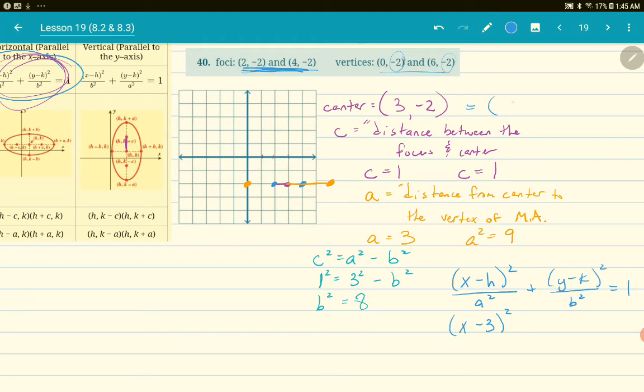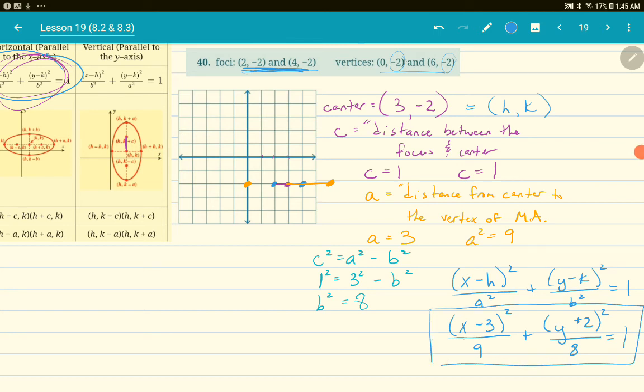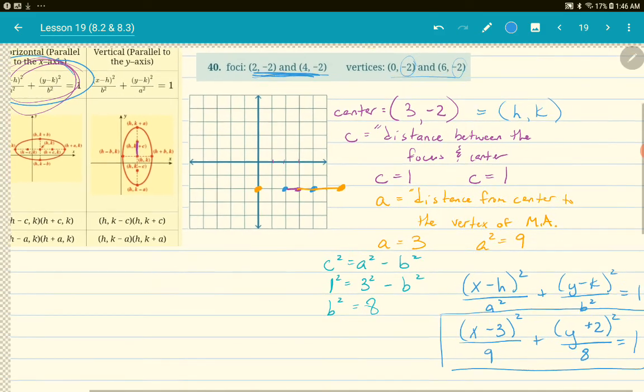So center is (h, k). And a squared is 9. And then the k is negative 2, so I'm going to minus a negative 2, which gives me a plus 2. And b squared is 8, over which goes the y term, equals 1. So there's my final equation for number 40. Now try that with 39 and 41.